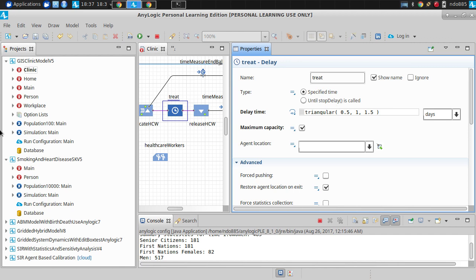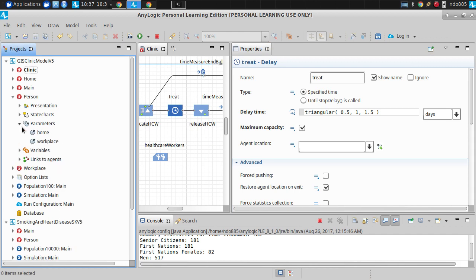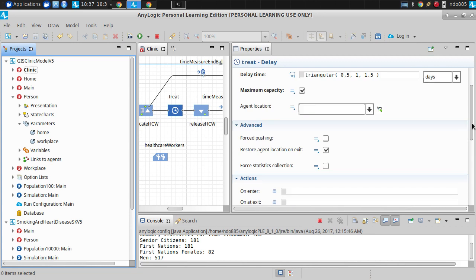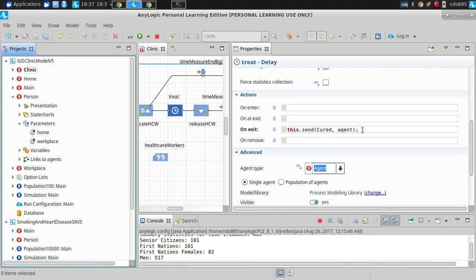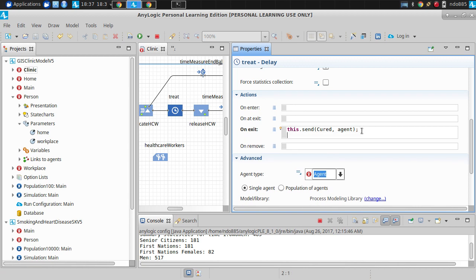And particularly if we want to take advantage of any of these parameters we have in person, what their home is or what their workplace is, we'd have to know they're a person. And right now that wouldn't be available. If we said, trace ln, even my age, but my home is home.